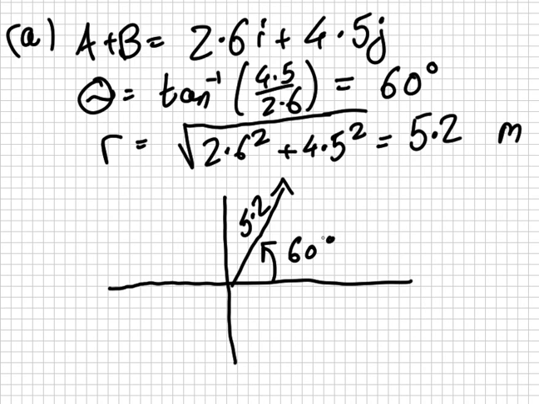It's okay? Yeah? Okay. Do you have a question? Wasn't it easier just to write 3 tan 60 is equal to 5.19? We'll get this out to 5.2 meters. 3 tan 60. What are you getting there? Is that the magnitude? Yeah, I think for A plus B, it's the magnitude. I'm not sure how you got that though.